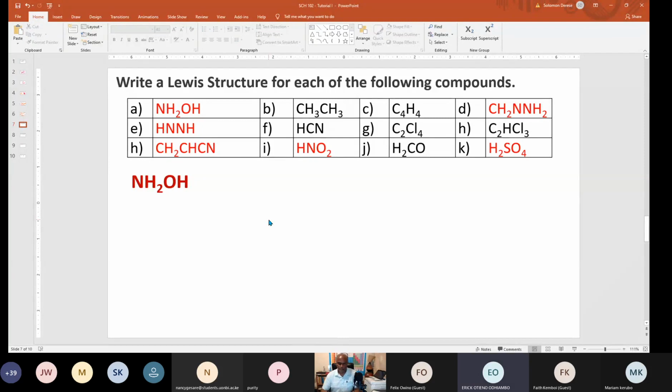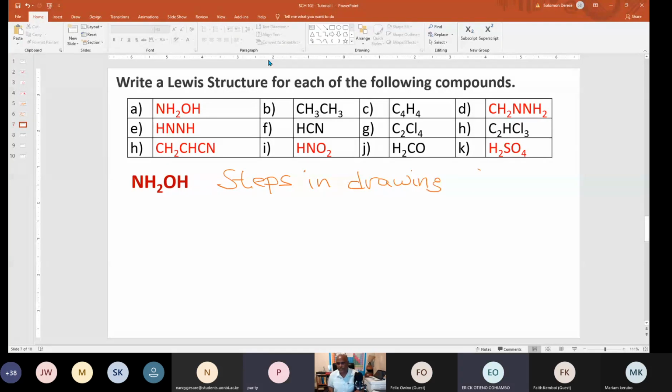Okay, thank you. So when drawing Lewis structure, I told you we follow steps, isn't it? So we follow steps. Is this pen drawing visible?